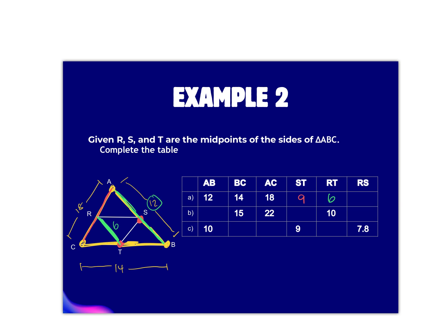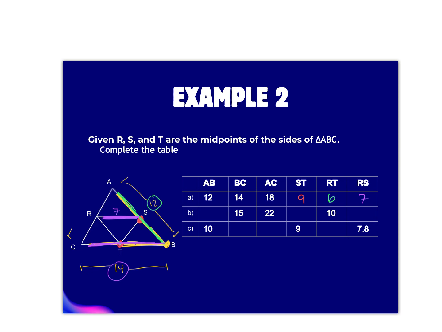And then lastly, they want to know RS. So again, I'm going to erase RT, and I'm going to go to RS. And RS here is going to be parallel to this third side, BC. I know it's half of BC. If BC is 14, RS has to be 7. And so that's how I find my midsegments.